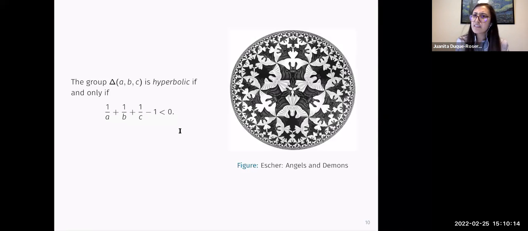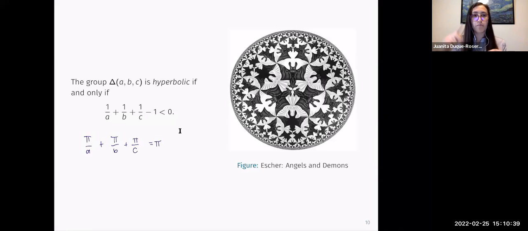This makes sense. I just want to convince you that it makes sense by computing pi over a plus pi over b plus pi over c. This is just the sum of the angles of the triangle. We know that in regular geometry, like Euclidean geometry, the sum of the angles should be pi.